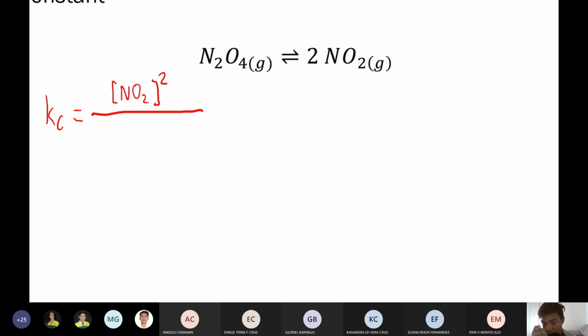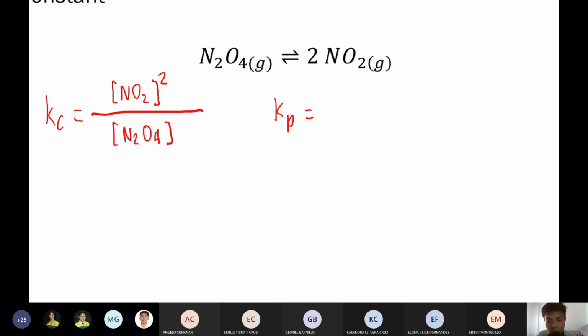Now let's go to the bottom. On the denominator, you are going to write the N2O4, in square brackets. That's it. That is the Kc. How about Kp? Writing Kp is similar to Kc.